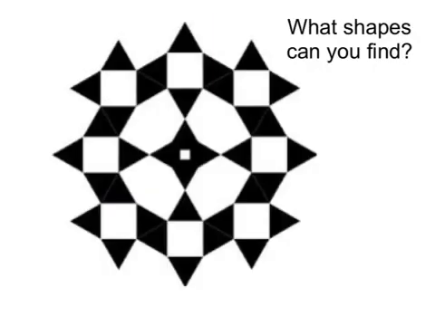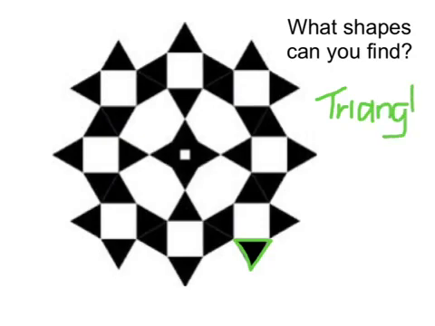Let's have a look at this picture. I know you've seen this before in one of the previous videos. The question is, what shapes can you find? So we knew that there were triangles, I can also see squares.